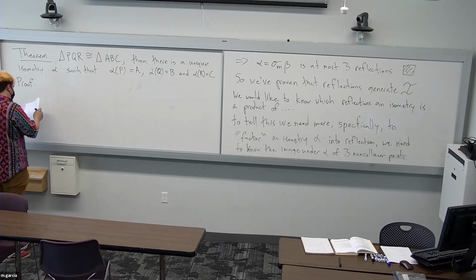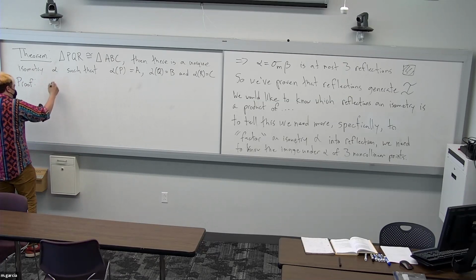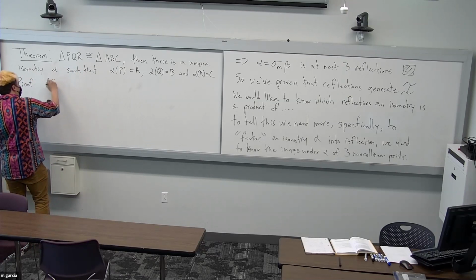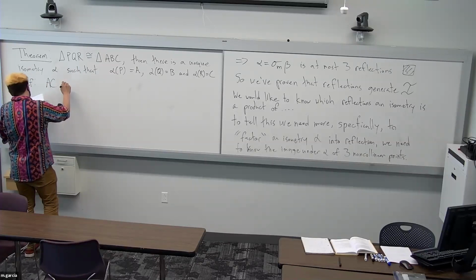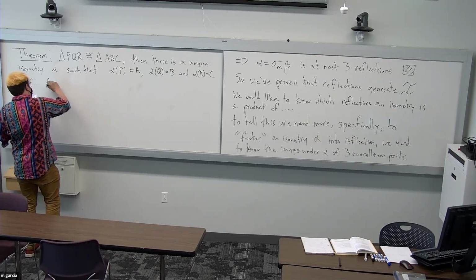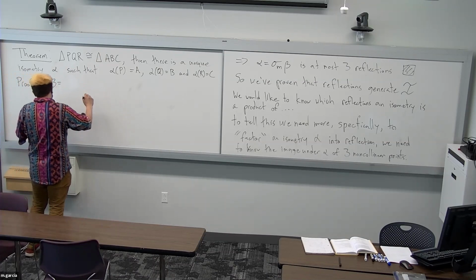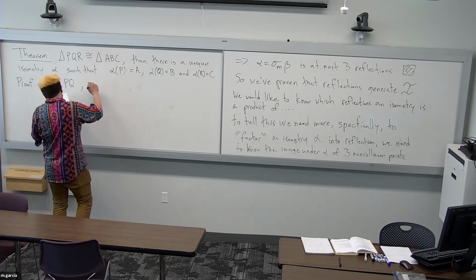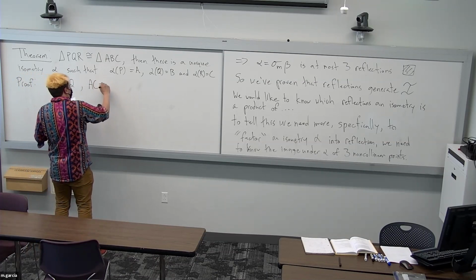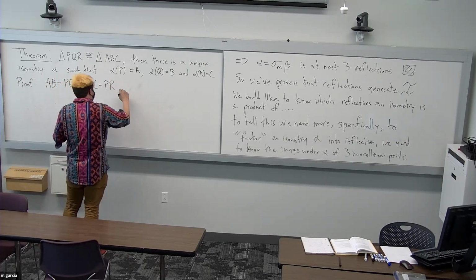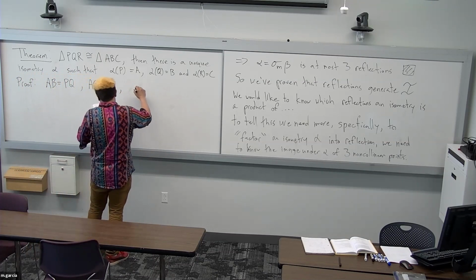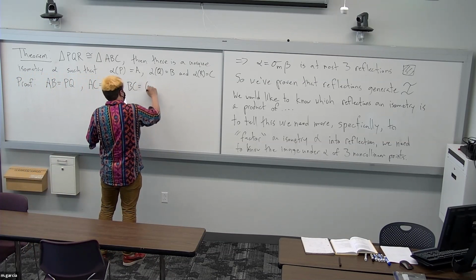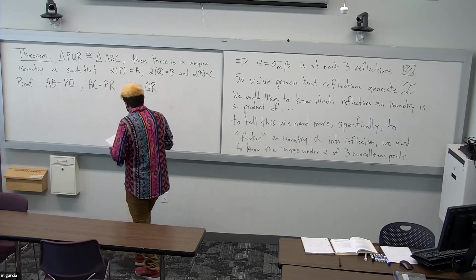So, what we have by congruence, this is what we'll use, is that AB is equal to PQ, AC is equal to PR, and BC is equal to QR by congruence.